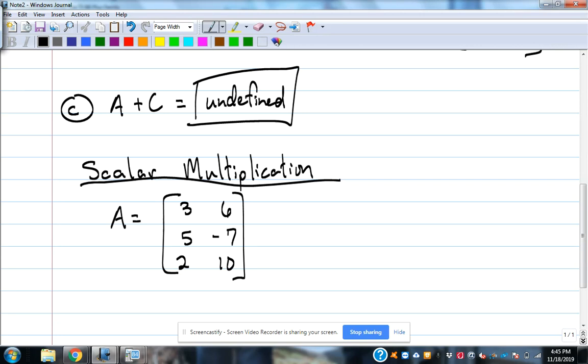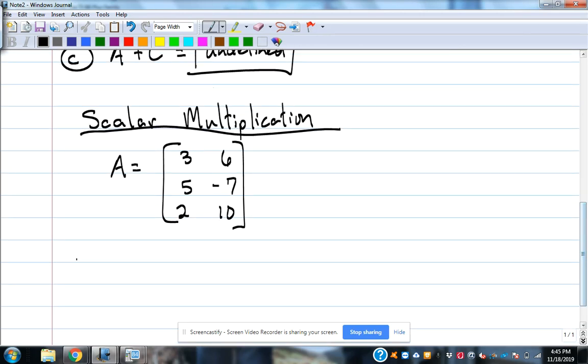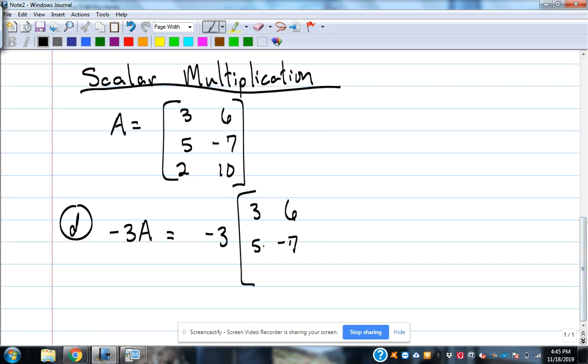And we're doing scalar multiplication. Scalar multiplication would be an example like negative 3, and then they'll put the name of the matrix beside it. All that means you're doing is you're taking negative 3 and multiplying it by everybody that is in that matrix. It's like distributive property is the way I think about scalar multiplication.